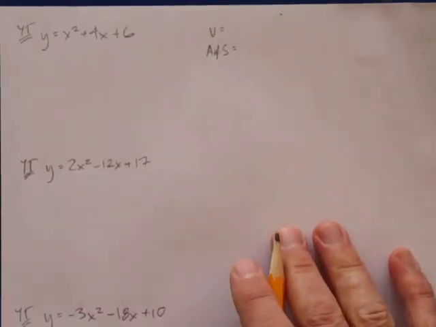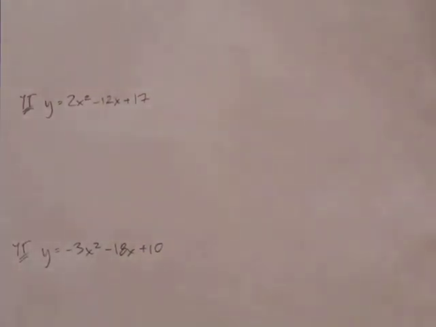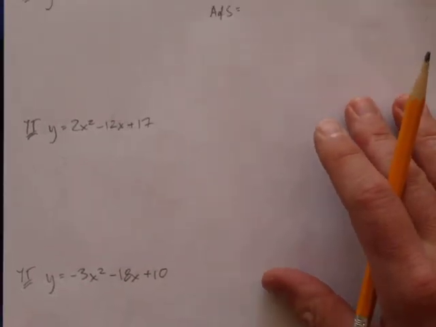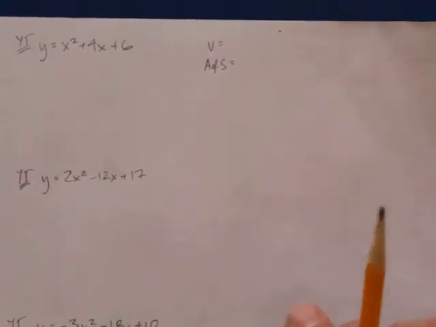All right, so all of these I would like them to be in vertex form, and I want to know the vertex and the axis of symmetry for each one. And you should know whether it opens up or down. All right, so go ahead and pause and get to work on those, and we'll come back and we'll work through them all pretty quick, hopefully. All right, go.